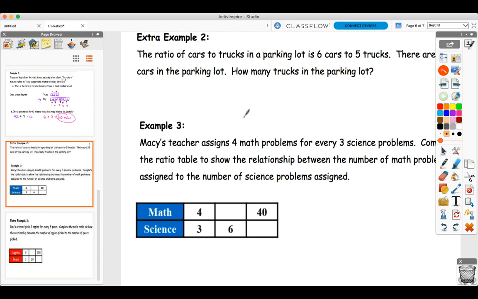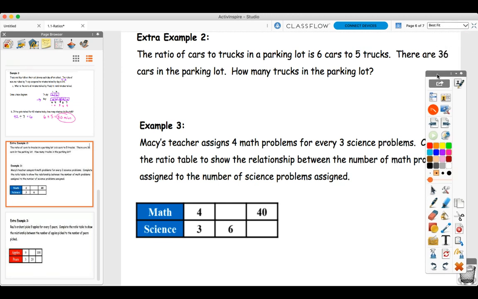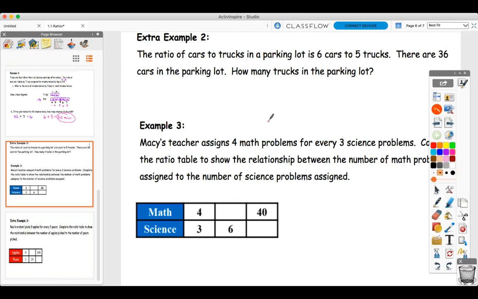The ratio of cars to trucks in the parking lot is 6:5. There are 36 cars in the parking lot. How many trucks are in the parking lot? So you have the ratio of cars to trucks in the parking lot. So cars, trucks.